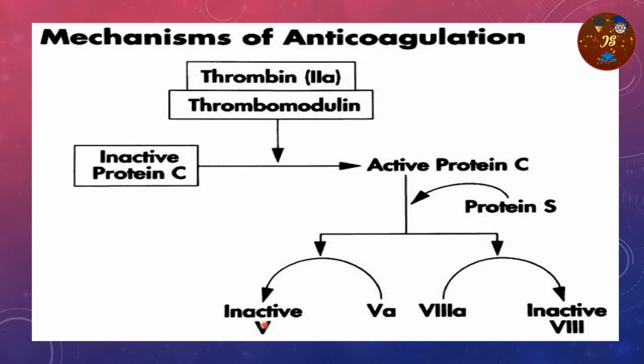That means the factor is present in the blood but in an inactive condition. It also converts activated factor 8 into inactive factor 8. The main aim of these anticoagulants is to convert the activated coagulation factors to the inactive form. Activated factor 5A is converted into inactive factor 5, and activated factor 8A is converted into inactive factor 8. In this way, it controls the occurrence of APS.